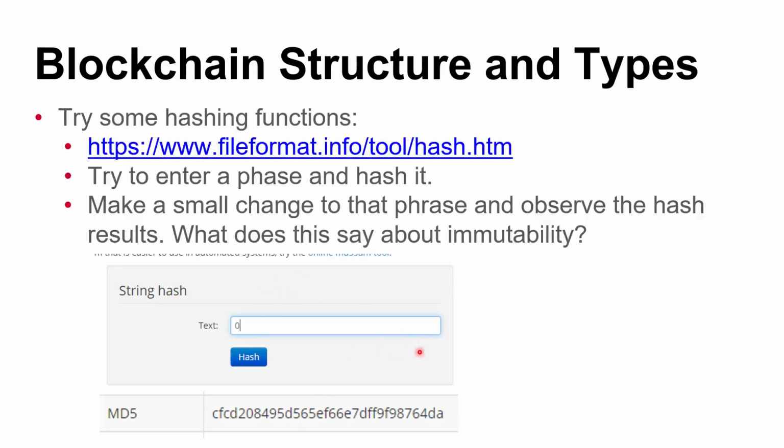So you can get an idea about any small change and how the hash changes. With just a single digit entry, any change would obviously be a big change. But if you put in several characters and make a small change, you would see how much the hash changes. So take a look at that.